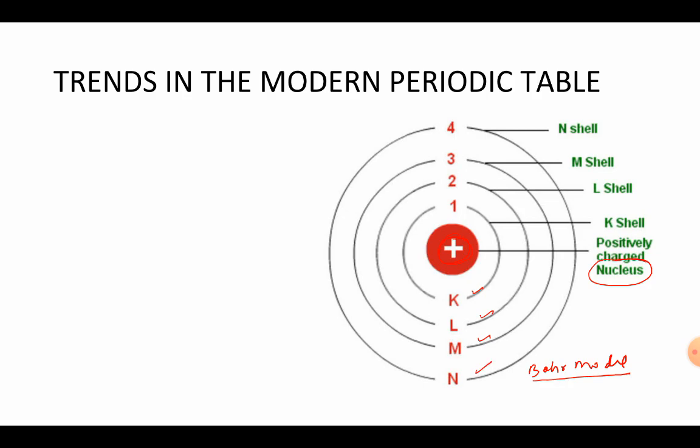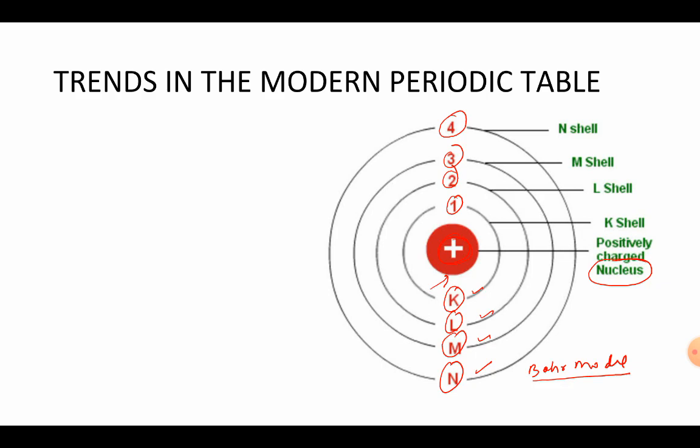The shells can be labeled with alphabets starting from K. So the K shell is nearest to the nucleus, then L, M, N, and so on. Or we can also number the shells starting from 1, 2, 3, 4. The 1 is the nearest to the nucleus, and then we move away.